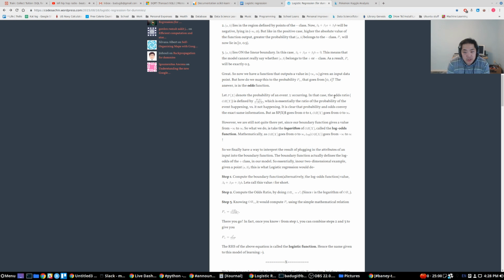So the boundary function defines the log odds of the plus class in our model. In our two-dimensional example, this is what logistic regression should do: compute the boundary function, compute the odds ratio, and then knowing the odds ratio, compute P plus using simple mathematical relations.